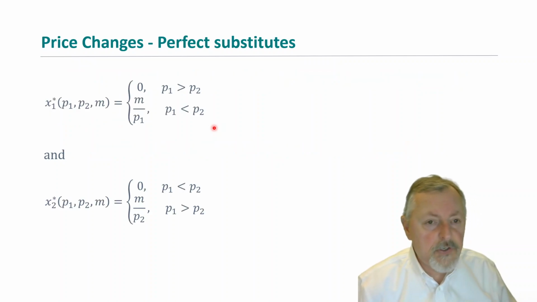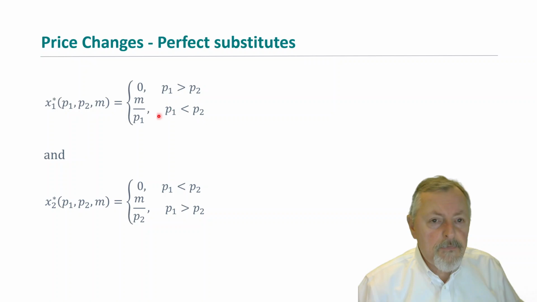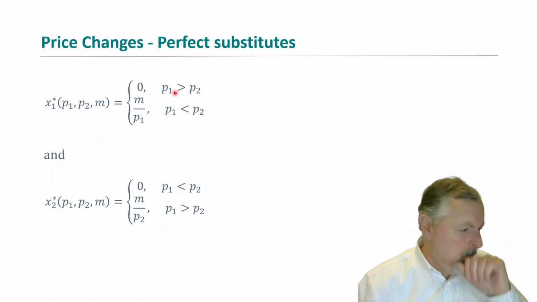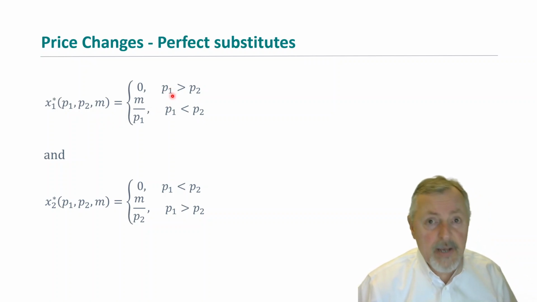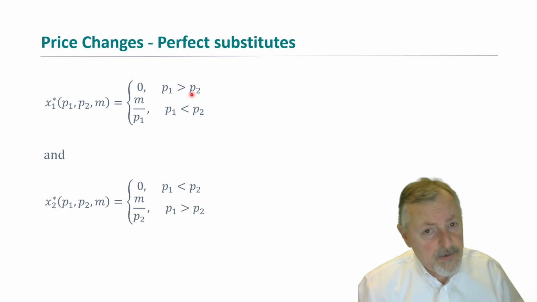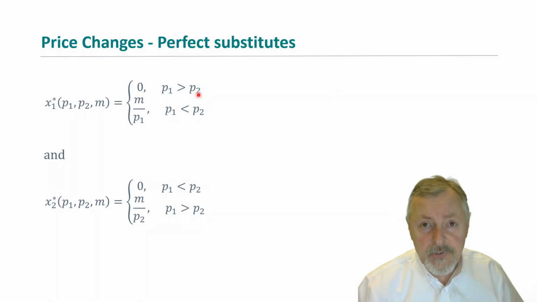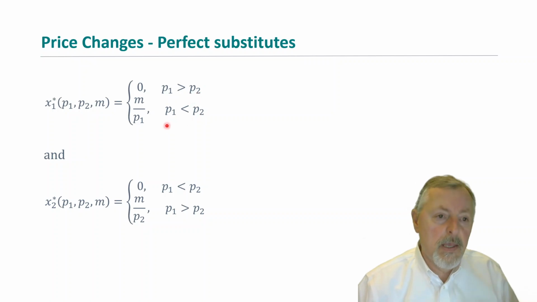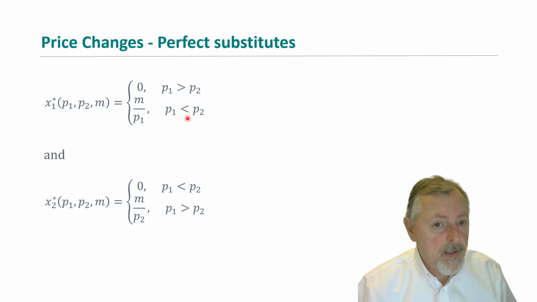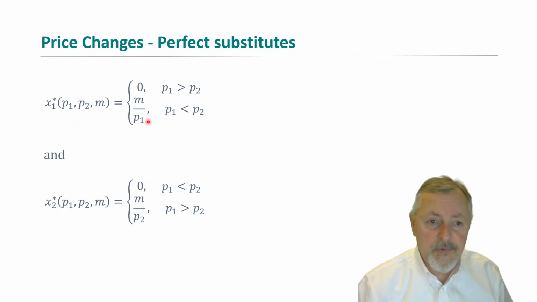Then the demand functions will be this. If the price of commodity 1 is greater than the price of commodity 2, you won't buy any of it. You spend all your money on commodity 2. If the price of commodity 1 is lower than commodity 2, then you'll spend all your money on it, as we see here, your income divided by the price of commodity 1.